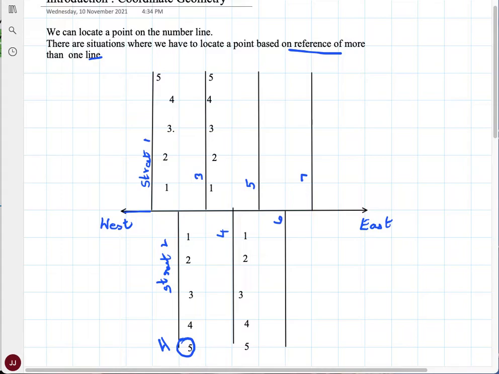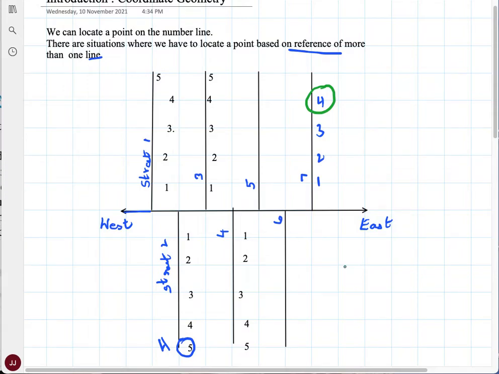Again, we can mark another point P, 7th street and house number 4. So this is 7th street, right? House number 1, 2, 3, 4. Okay, so 7 and 4 will be this location. So in both cases we need two pieces of information, the street number as well as the house number.